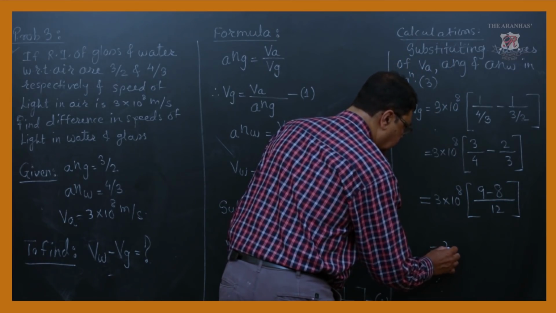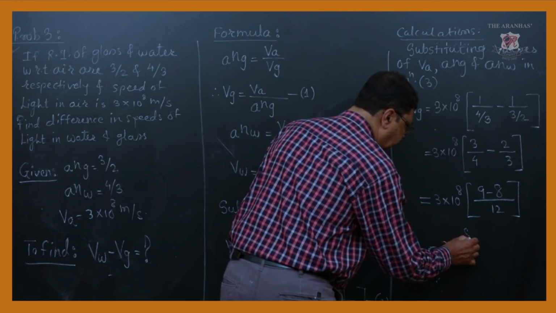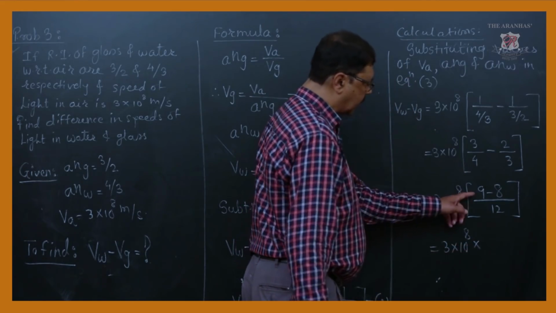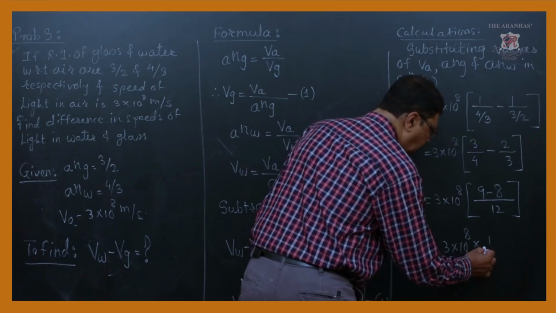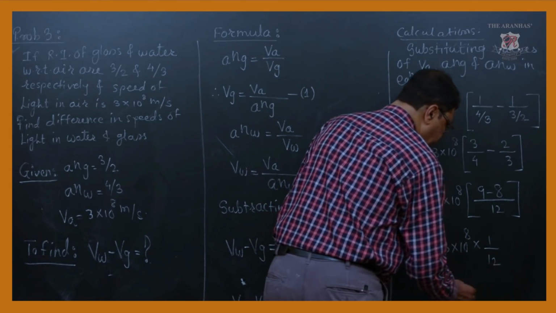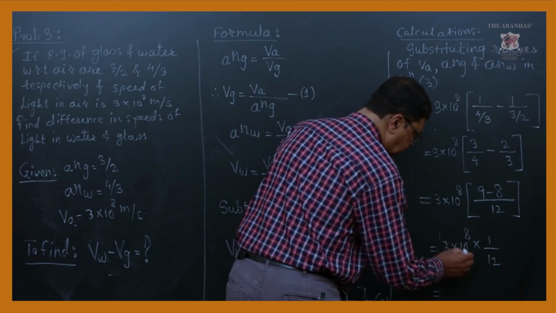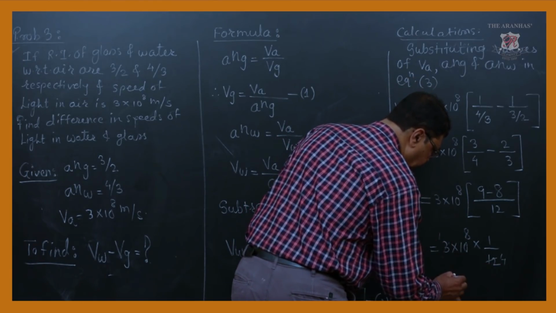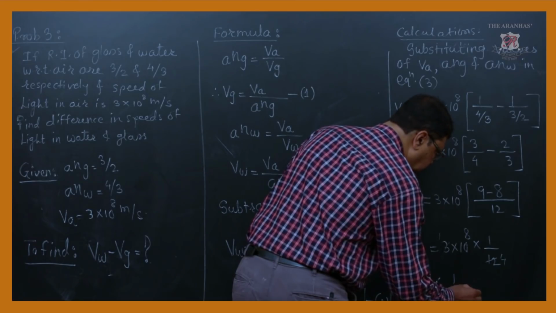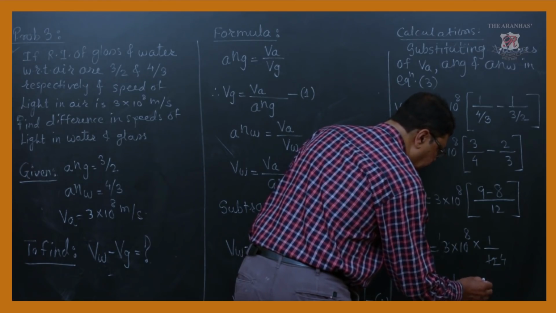That is 3 into 10 raised to 8 into 9 minus 8 is 1 upon 12. We can cancel out this. 3 1s are 3, 3 4s are 12. 1 by 4 into 10 raised to 8.